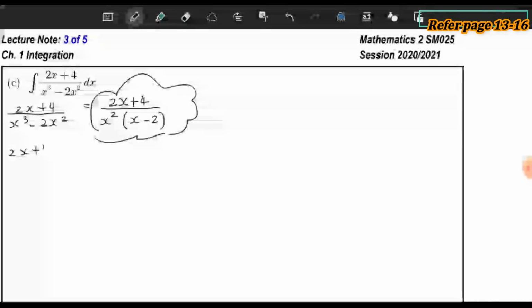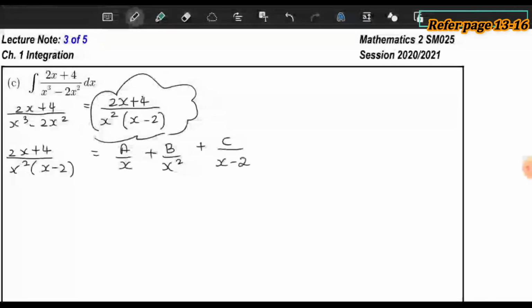So 2x plus 4 over x squared times x minus 2 equal to x squared is a repeated linear factor. A over x plus b over x squared plus c over x minus 2.